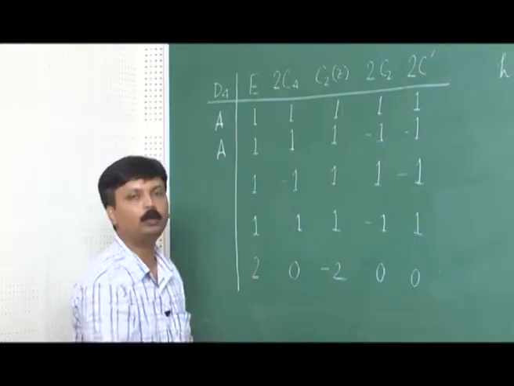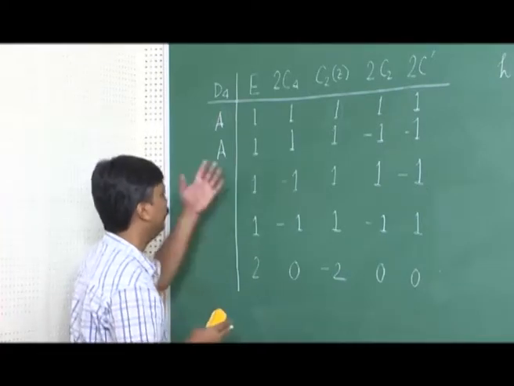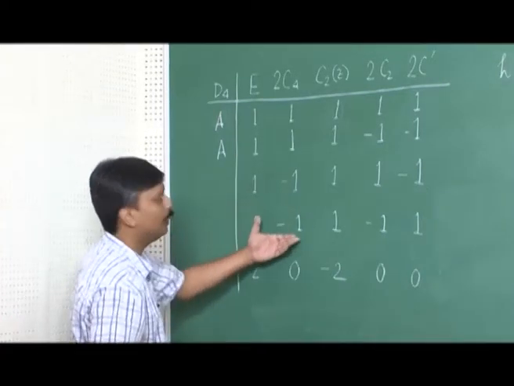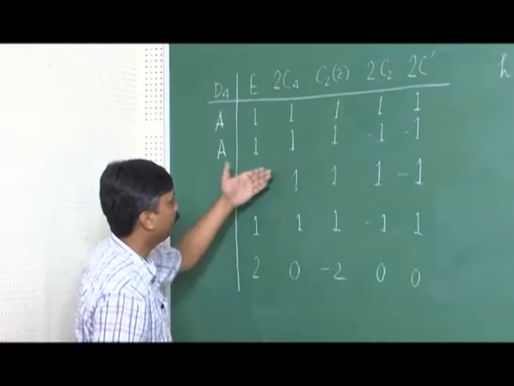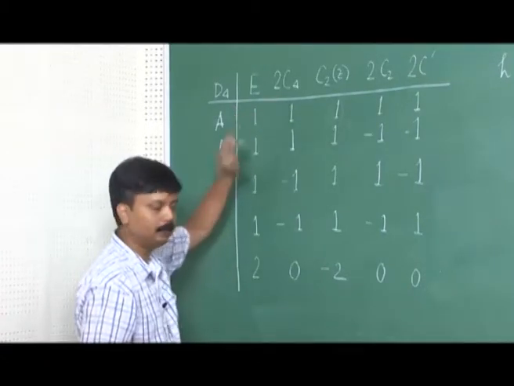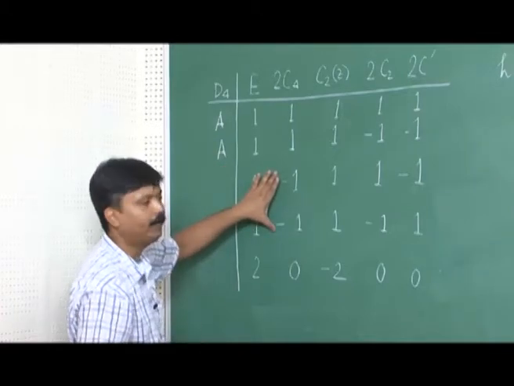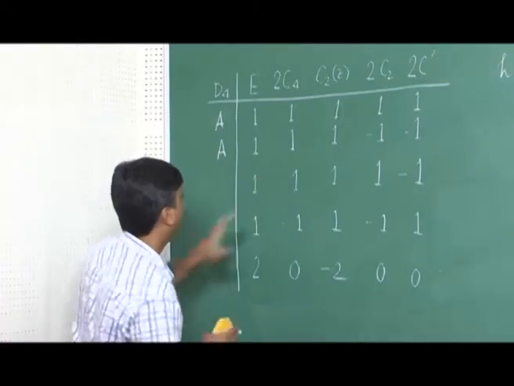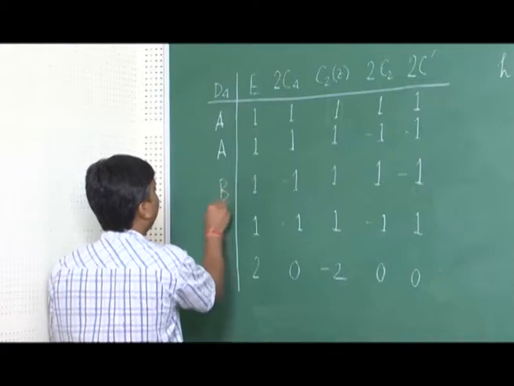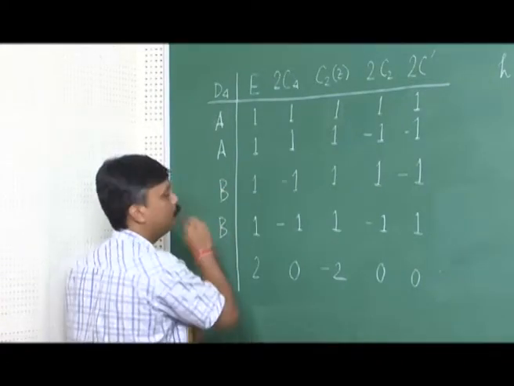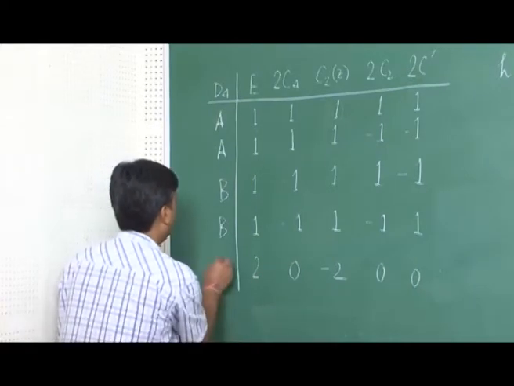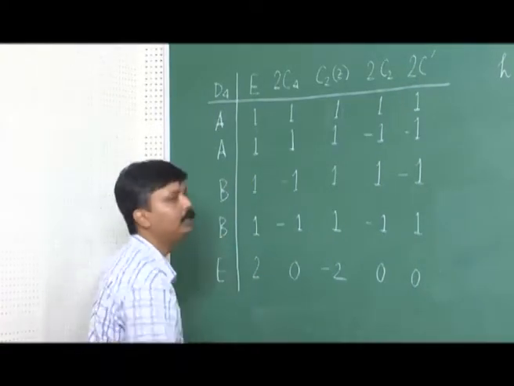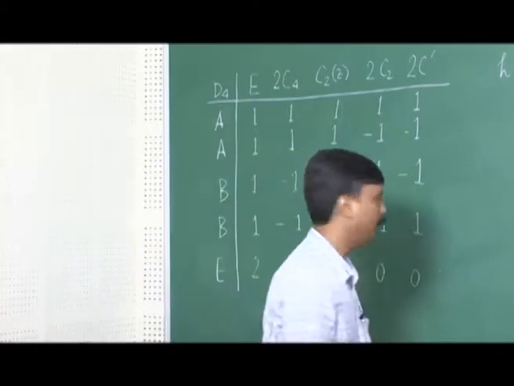We will worry about subscripts or superscripts later. These two one-dimensional representations, if I look at the characters corresponding to the principal axis of rotation, I find are antisymmetric. Therefore, these two belong to the B type of symbol. And this one, being a two-dimensional representation, has E as the symbol for the IR.